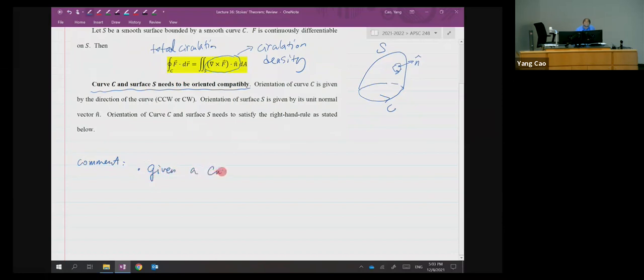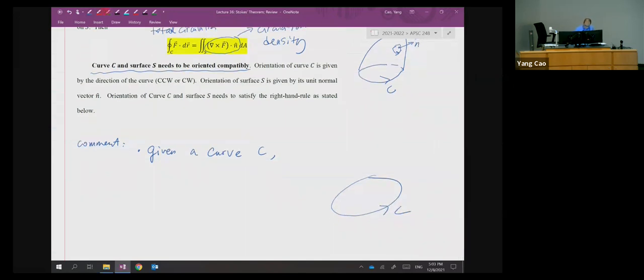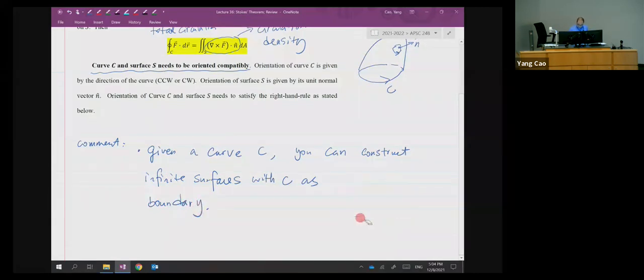Given a curve C in 3D space, oriented this way, technically you can construct infinitely many smooth surfaces with C as the boundary.